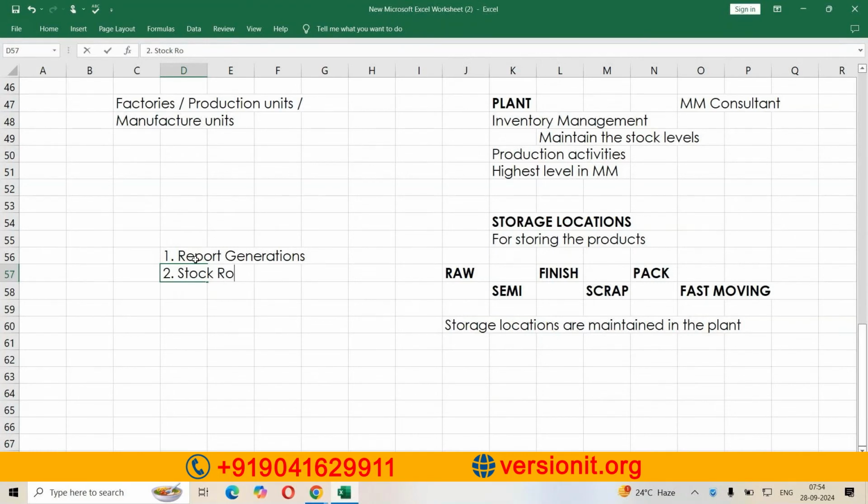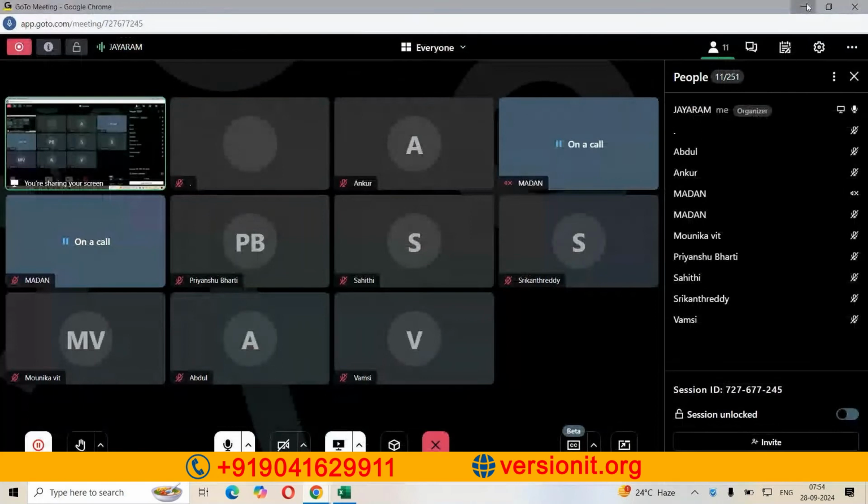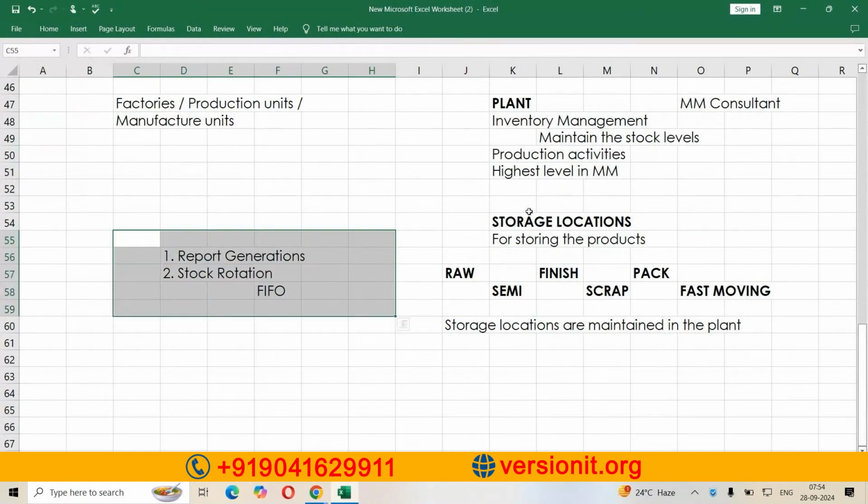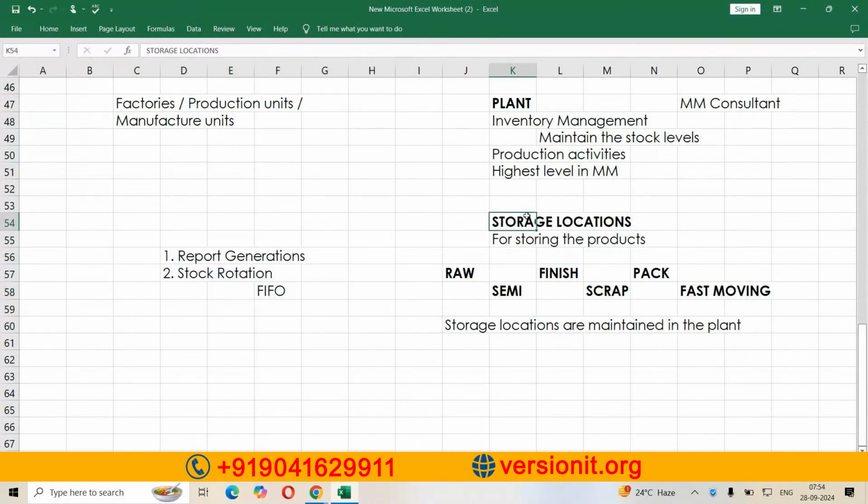We always work with the FIFO method, first in, first out. Product which has been manufactured first will be sold first. Product which has been manufactured later will be sold later. For stock rotation functionality also, we make sure there are multiple storage locations maintained in the plant. These are the advantages you get by maintaining multiple storage locations in the plant.